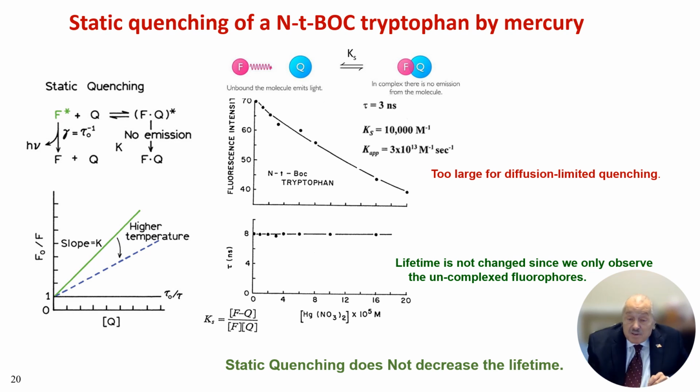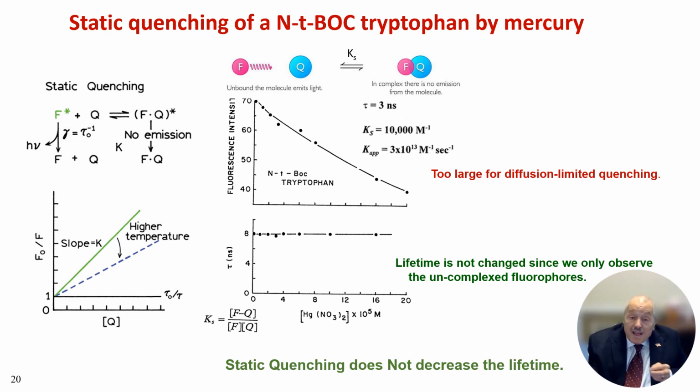Examples of static quenching are somewhat hard to find in the case of small molecules. In the case of larger molecules, it's easier, but this has always been such a powerful example that I've used it. It's the quenching of tryptophan by a protection group that is used in peptide synthesis. And if we look at the intensity, it goes down. If we look at the lifetime, it remains completely the same. So that tells us it's static quenching.